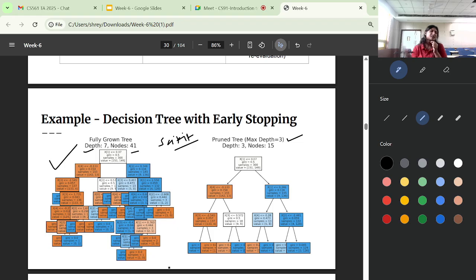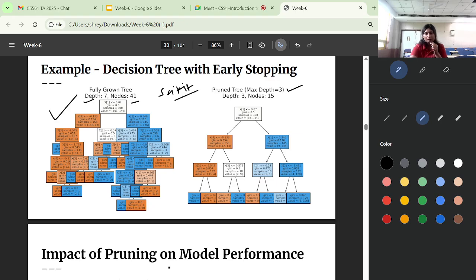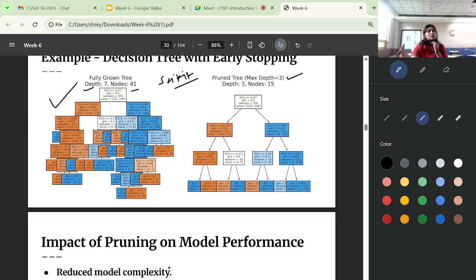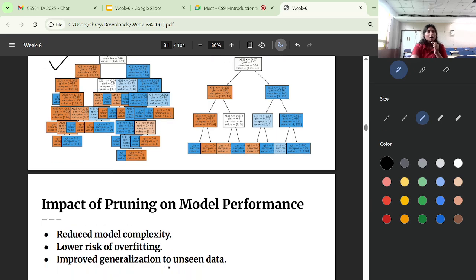So at each stage you can give the maximum depth, and in this way you can apply pruning. Decision trees are not used much nowadays, so much of the process is not covered in detail.